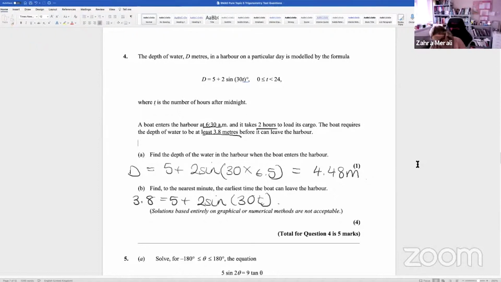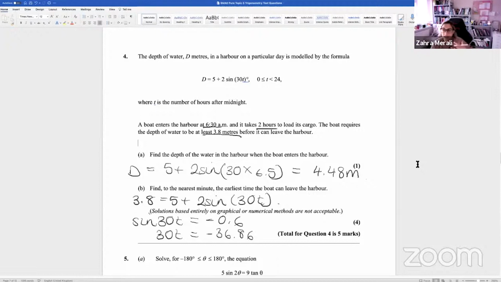Right, let's make sine 30t the subject of the formula. So we're going to get 3.8 minus 5, divided by 2, which gives you minus 0.6.